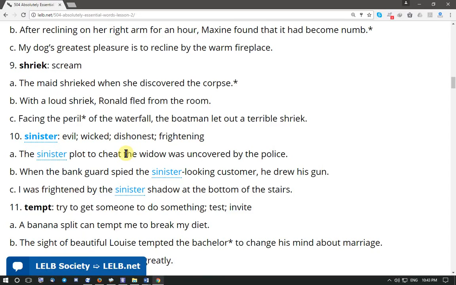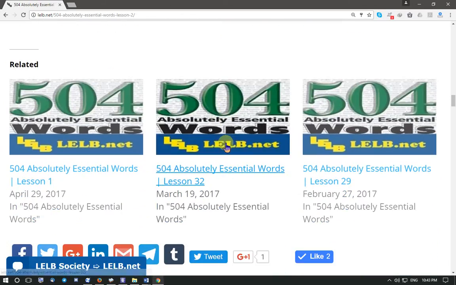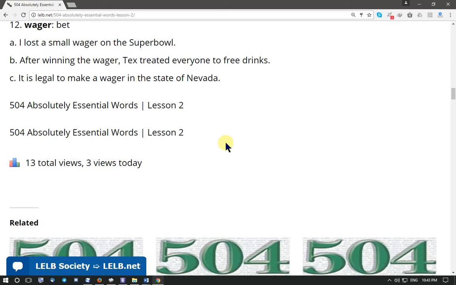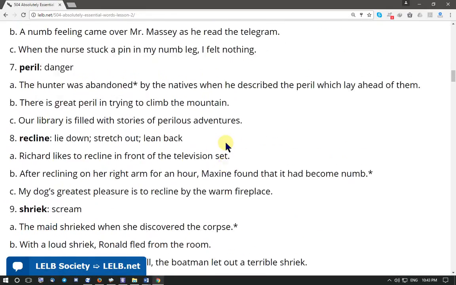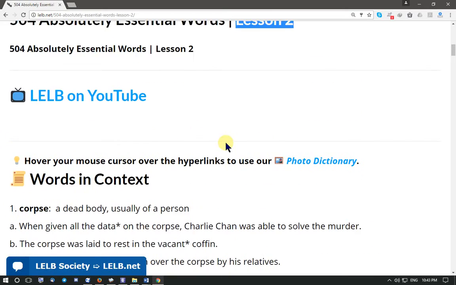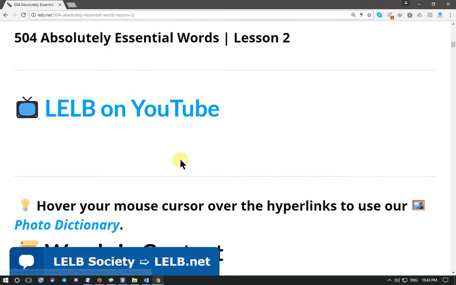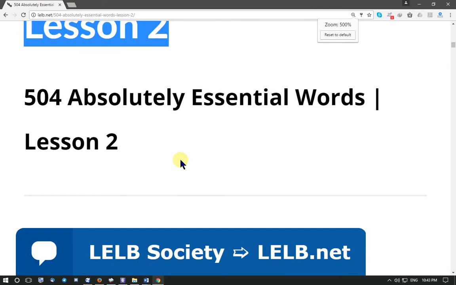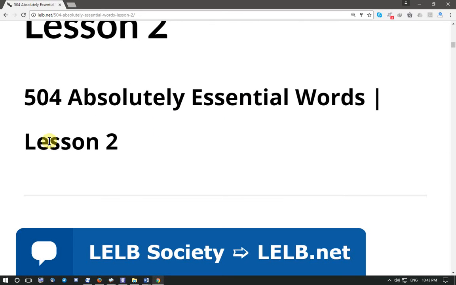That's it. Well, in later sessions I will definitely have more time to create more illustrations. 504 Absolutely Essential Words, Lesson 2.